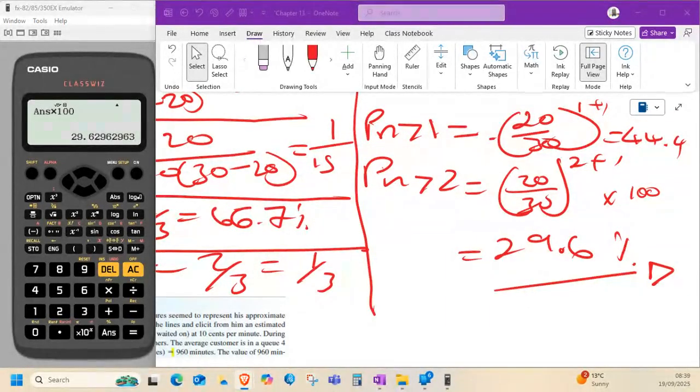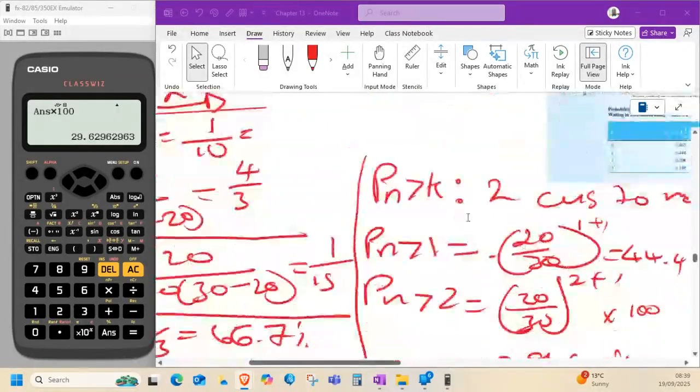Can I ask you, how do you know when you are inserting the key values that you must end at 2? Good. They will tell you in the question. That's why I was saying that in this case, we would say, what is the probability that we have more than 2 customers in the system?